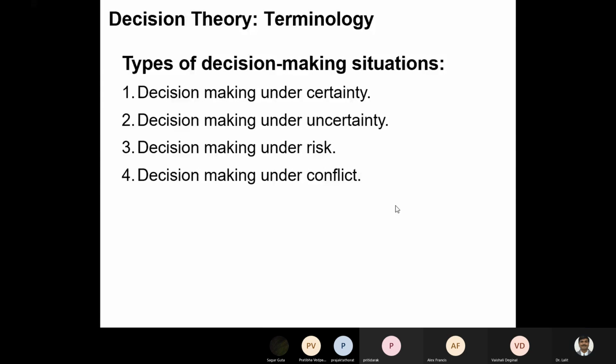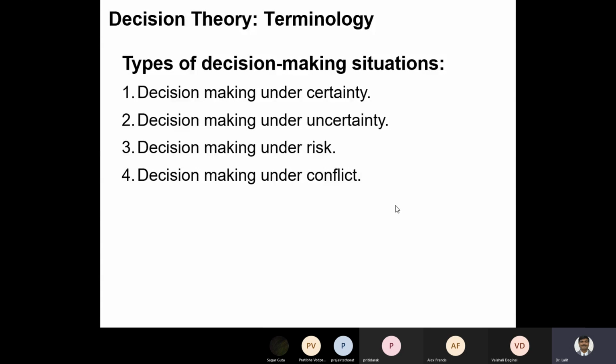But suppose you have a competitor; the competitor of that particular business may also offer a discount on his product. So here the competitor's action depends on the action of the decision maker. This is called decision making under conflict.